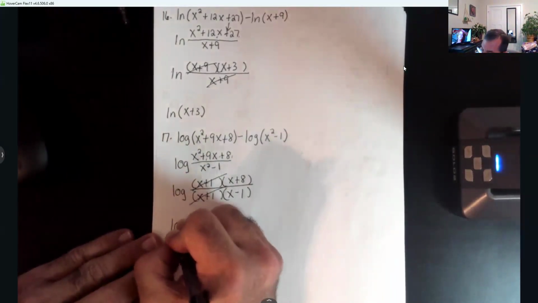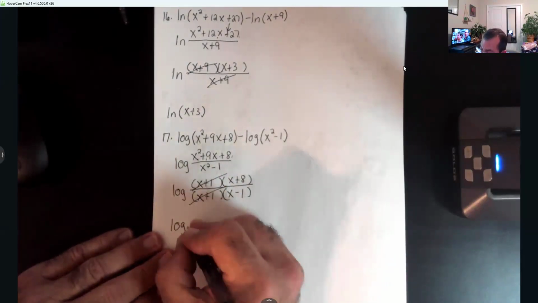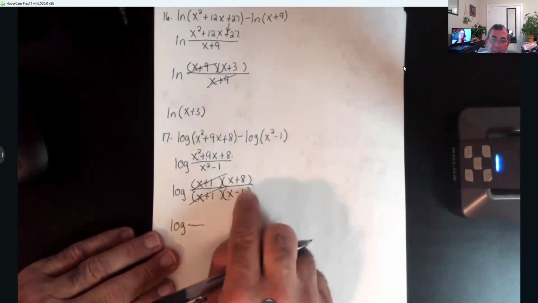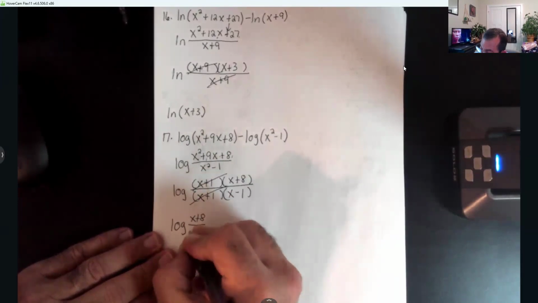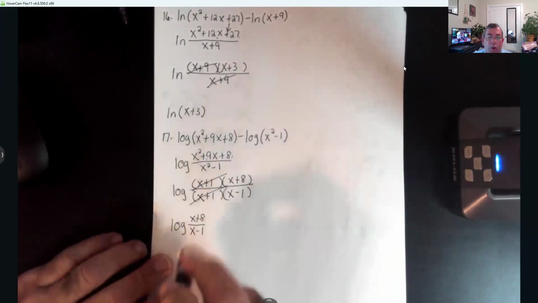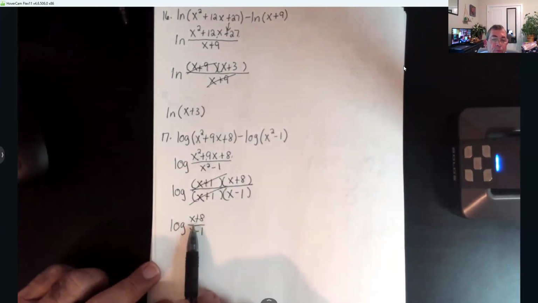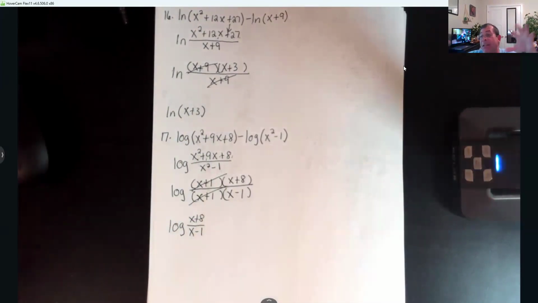So my final answer is x plus 8 over x minus 1. Now, since I still have a fraction left, I don't have to put parentheses, because it's understood that there are imaginary parentheses around that top and bottom, okay?